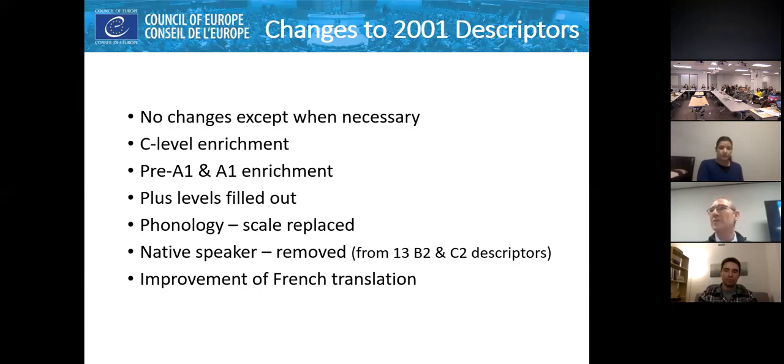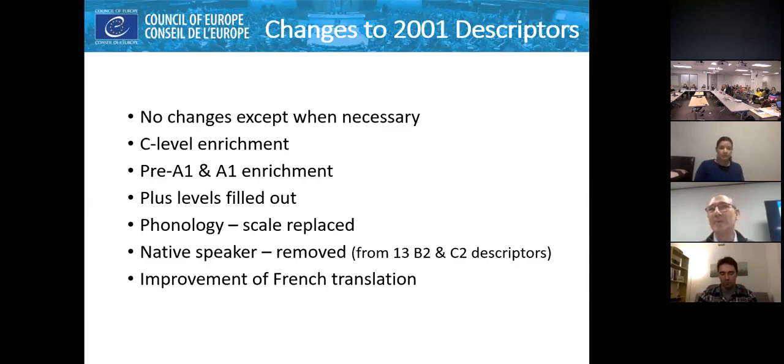Because this methodology I developed, actually dreamt up, on a Mellon Fellowship at the National Foreign Language Center in Washington in '92, before we did the research behind the CFR project. And a lot of other projects have now used this methodology to develop descriptors. And so we were able to use some of those descriptors to fill gaps in the original scale.